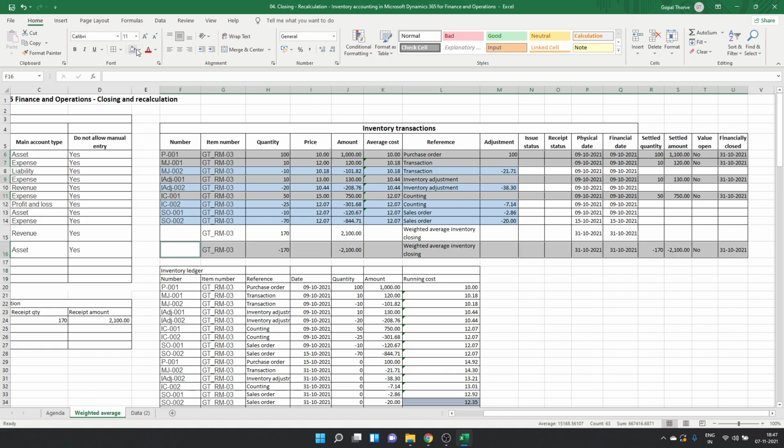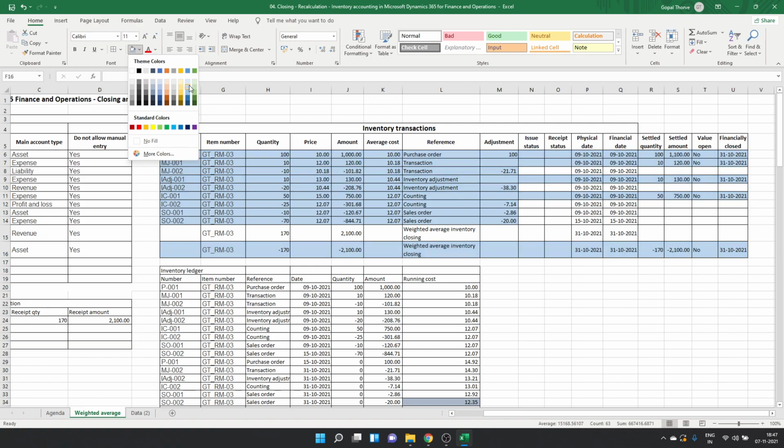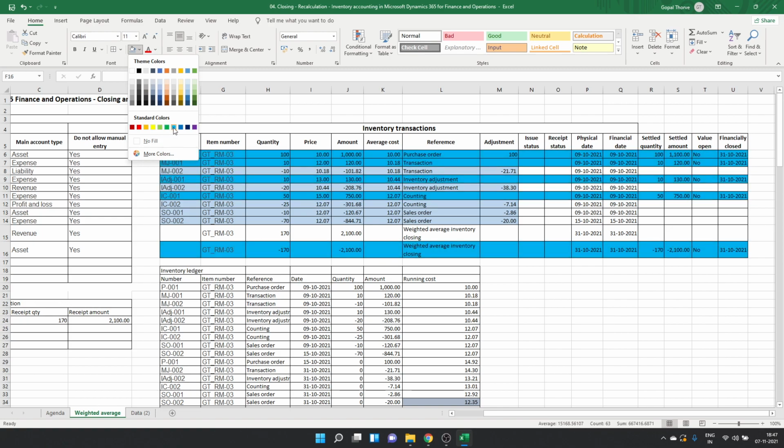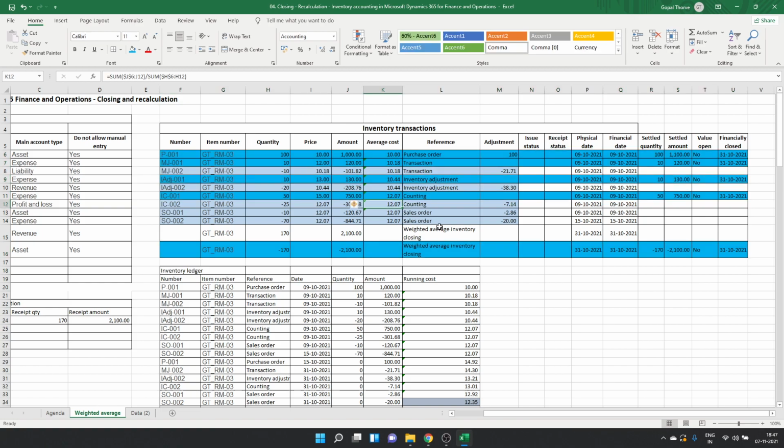I'm just marking them with different color. I'm saying this is blue. Now, for all the adjustments which are posted, that settlement will happen.